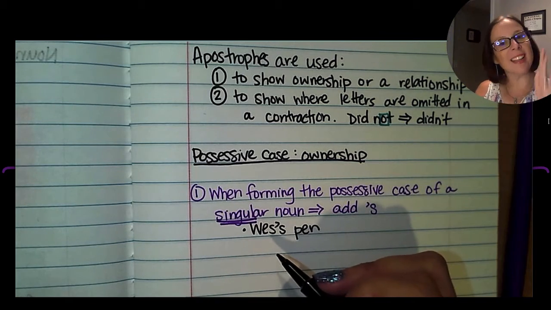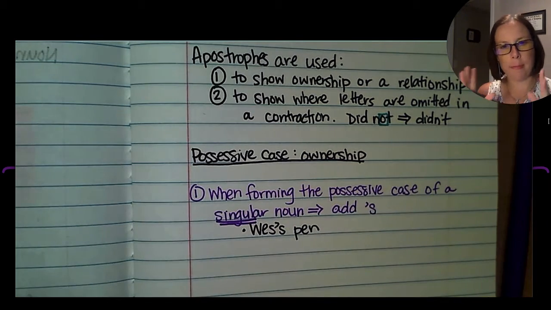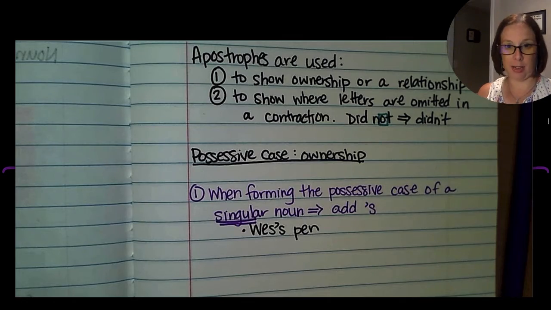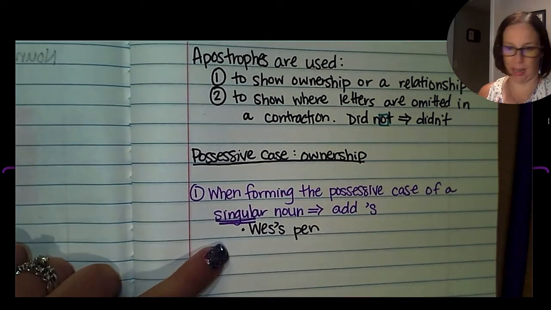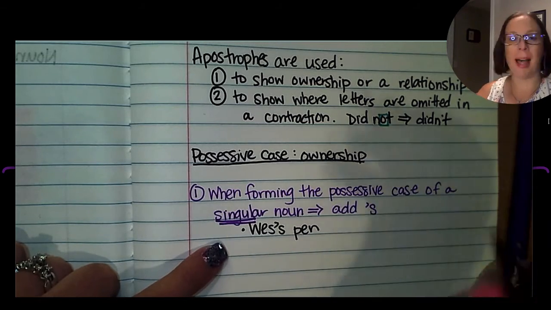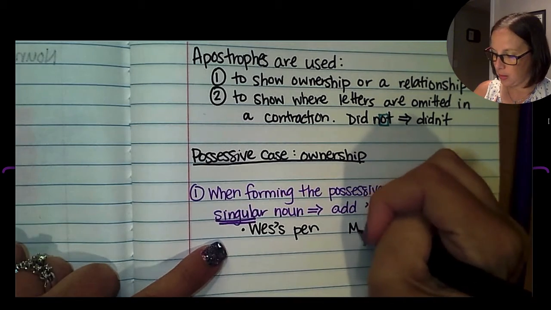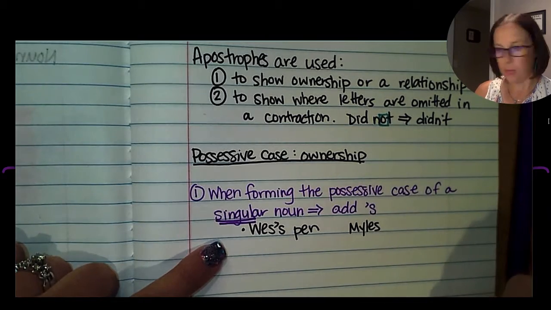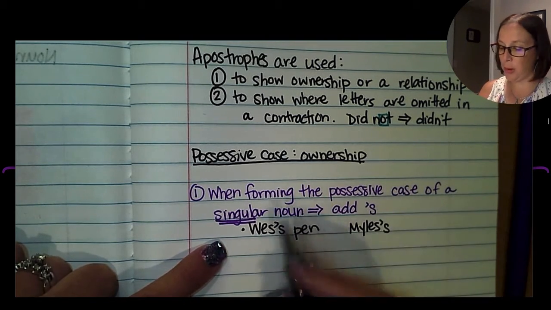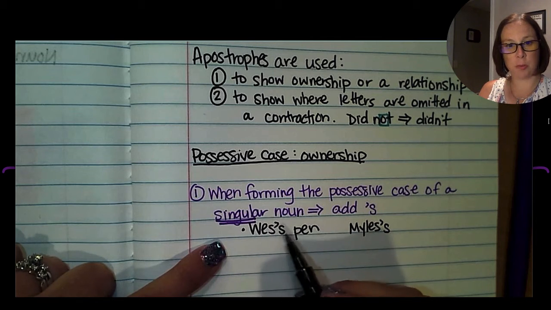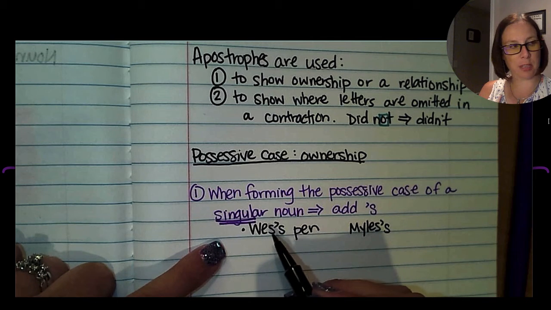So words that end in S, when it's singular, which are mostly names. Singular ending with S is almost always a name. So the name Miles, it's going to be an apostrophe S. Do you know how many of Wes's teachers have just put an apostrophe after the S?